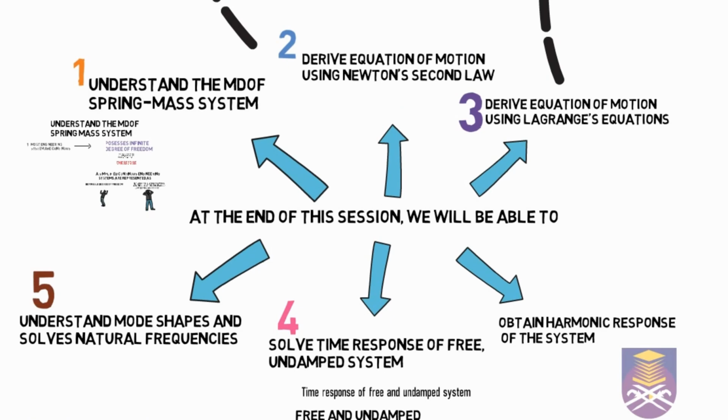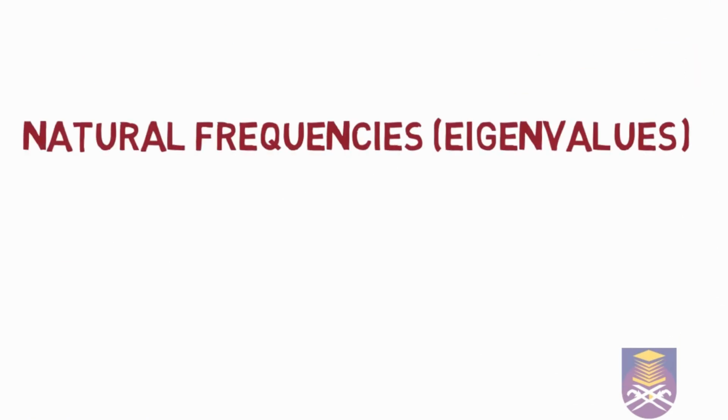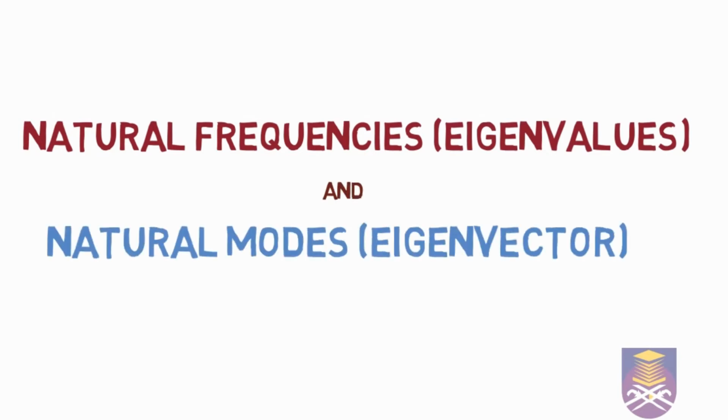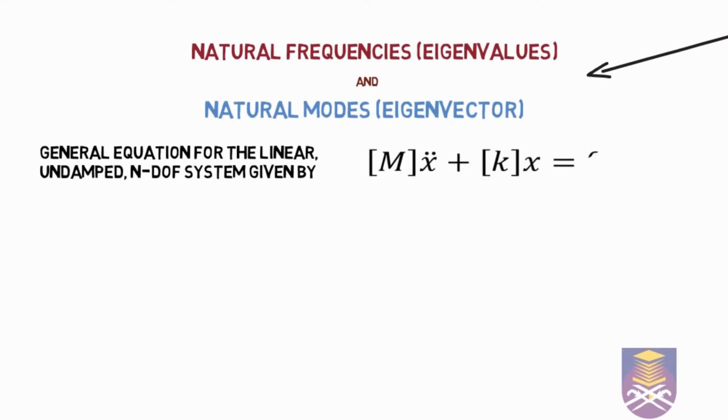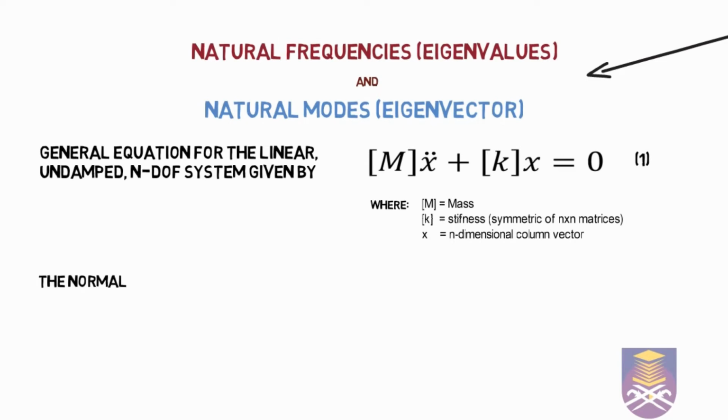We go to number 5, natural frequency, which is known as eigenvalues, and natural modes, which is eigenvector. The general equation for the linear, undamped, n degree of freedom system is given by m x double dot plus k x equal to 0, where m is mass, K is stiffness, symmetric n by n matrices, and x is an n-dimensional column vector.